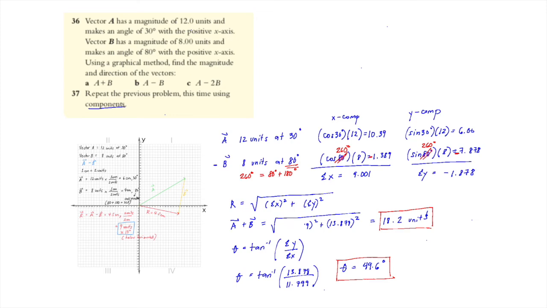Changing now these values, this one is 9.001 squared, and that is negative 1.878 squared. And so the final answer here, if you press that in your calculator, would be 9.19.